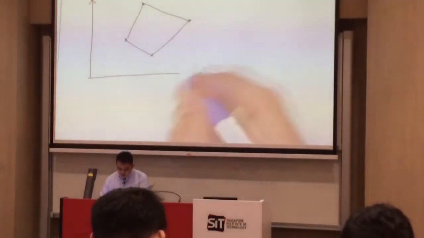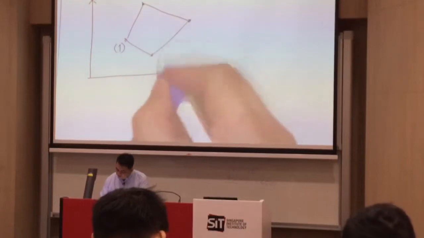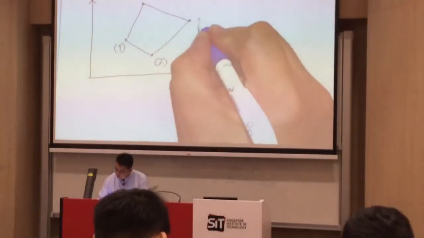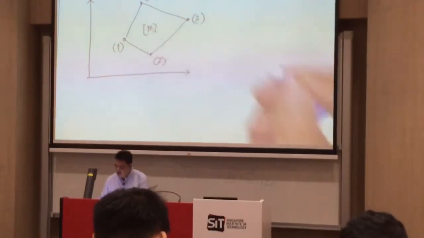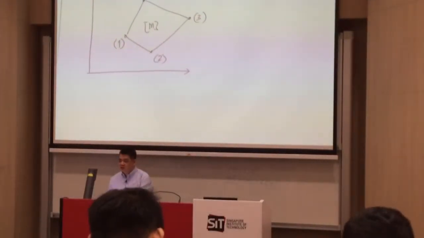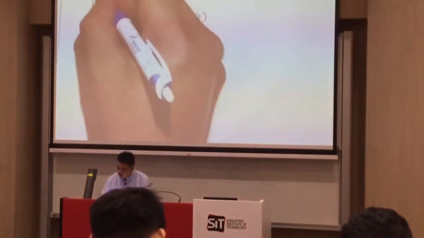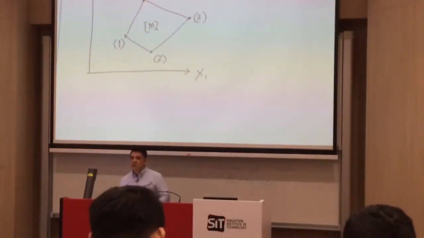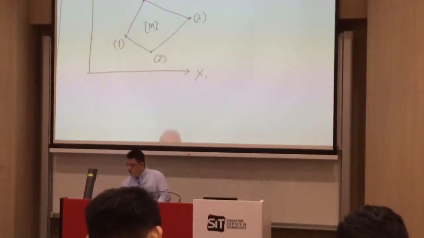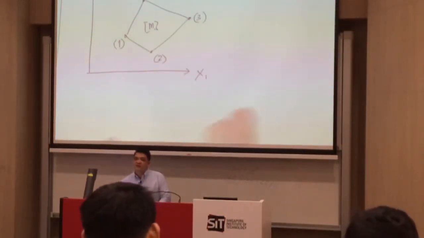So say for example, we have node 1, node 2, node 3, and node 4. Say for example, this is your element 1, and this is for your x1, x2 axis, or xy axis. So we want to know what will be the stiffness matrix for this element.